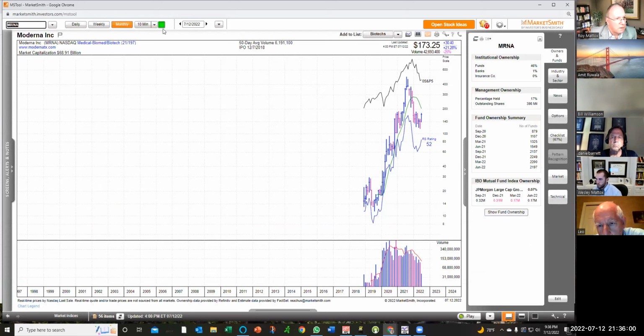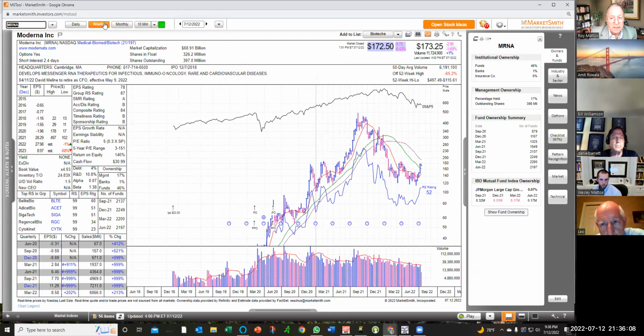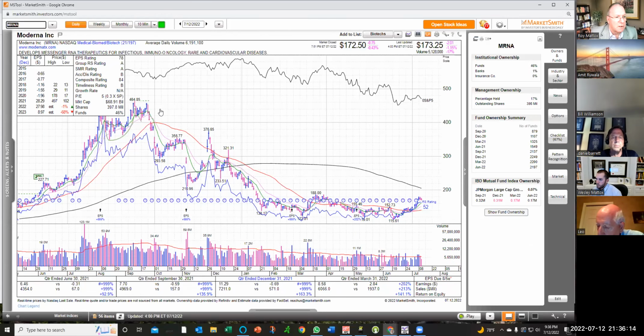Well, Moderna is more than a one-product company. It's definitely a well-run company. I thought that this stock would have more legs, but look at the estimates coming down from $28 to $9 between this year and next year. That's because the majority of revenue was from the COVID vaccines, and that revenue stream is not sustainable forever. Same thing with Pfizer or BioNTech.